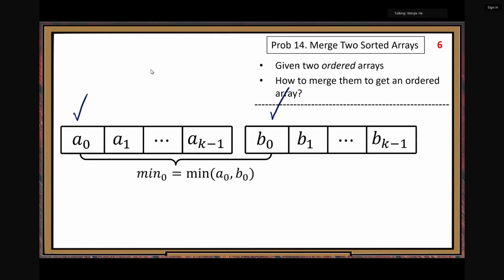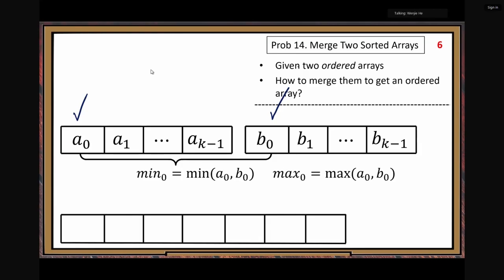So here, let's use the minimum. Min 0 represents the smaller one in the first comparison, and max 0 represents the larger one in the first comparison. Then this is our destination array, where we want to put the elements in place.